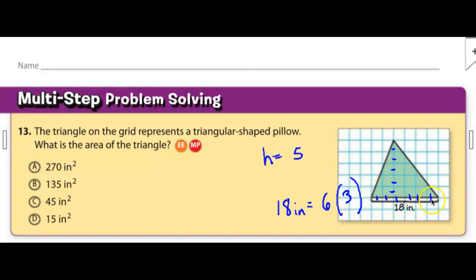So really, each one of these squares has to be multiplied by a scale factor of 3 to equal the actual length of the base of the pillow. So that means that the height is not going to be 5. The height is going to be 5 times 3. So go ahead and calculate that for me, please.